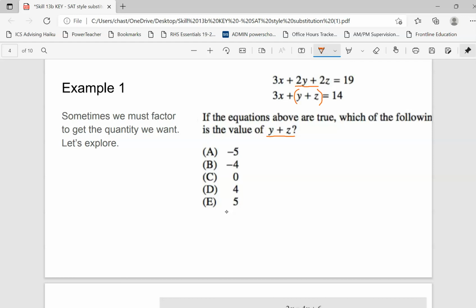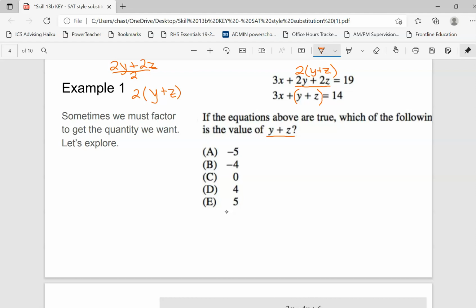If I look here, I have 2y plus 2z. Well, if we think about 2y plus 2z, what can I factor out of that? Well, both terms can be divided by 2. So I can write that as 2 parentheses y plus z. So I'm going to think of this as 2 parentheses y plus z.